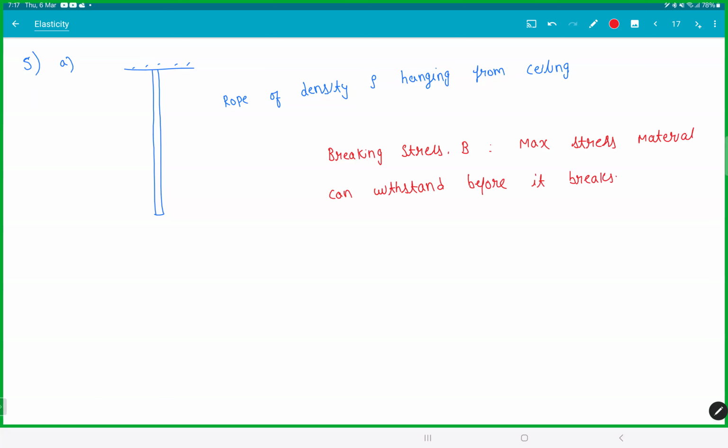So if you see, breaking stress doesn't depend on the area of cross section. It is force per unit area. So it depends only on the nature of the material and is independent of area. Because if you have a thick area, you'll have more force. If you have less area, you'll have less force, but force per unit area is constant.